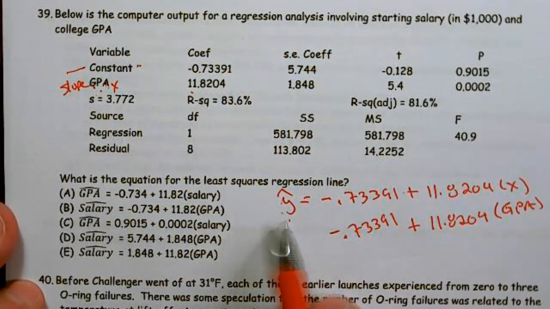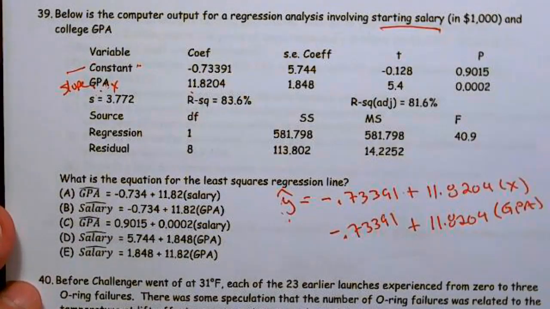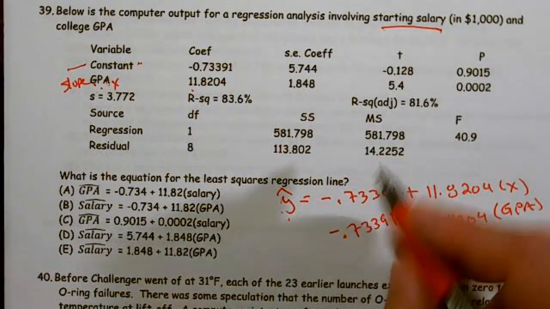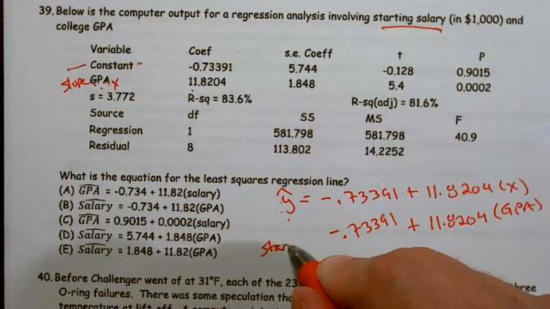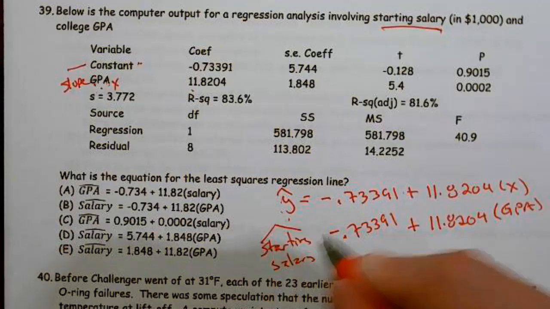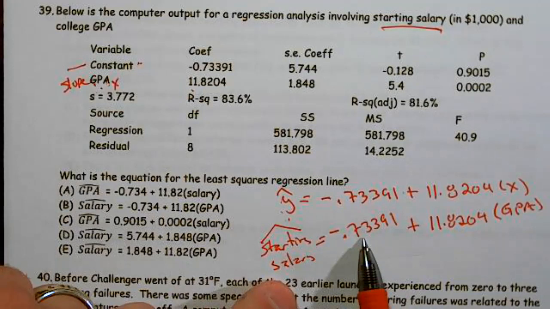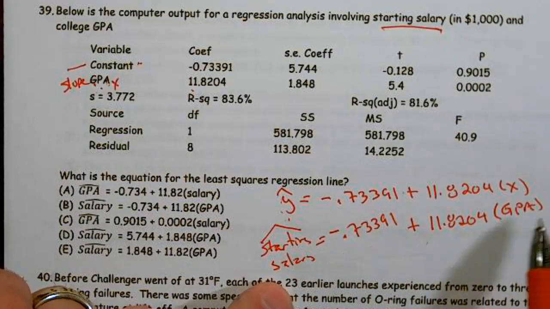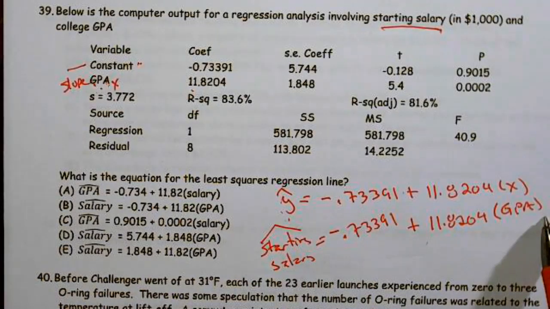My y hat is the other thing, which in this case is starting salary, because those are my two variables. If you write starting salary with a y hat equals negative 0.73391 plus 11.8204 GPA, you don't even have to define your y and x.